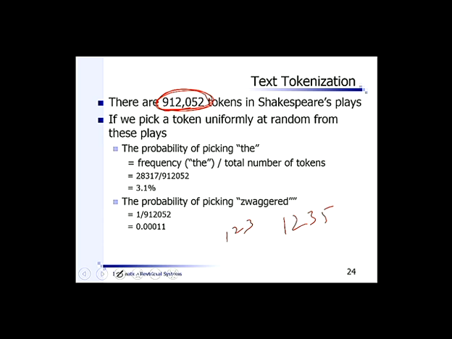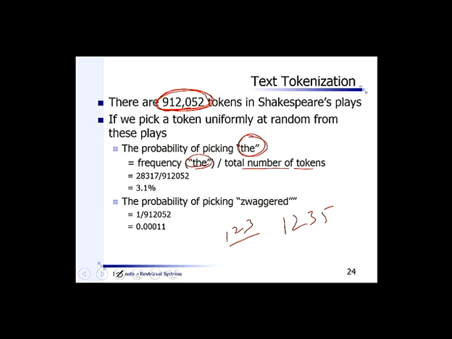Let's say I want to see the probability of the. The probability of picking the is simply the frequency of the divided by the total number of tokens.